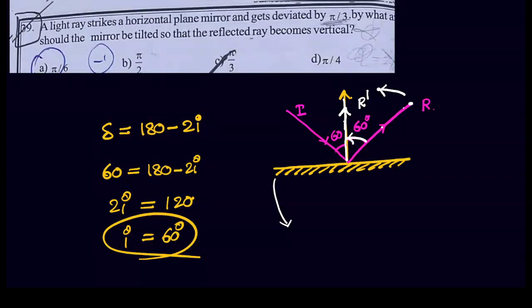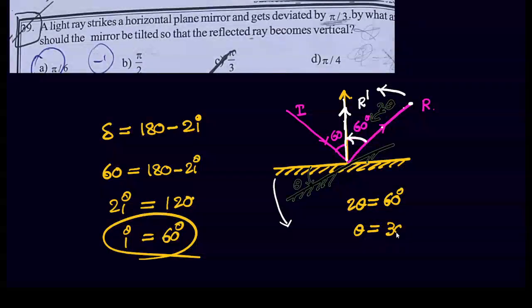If the mirror rotates by theta, this becomes 2 theta, which is 60 degrees. So theta is 30 degrees. That means the mirror has to rotate by 30 degrees.